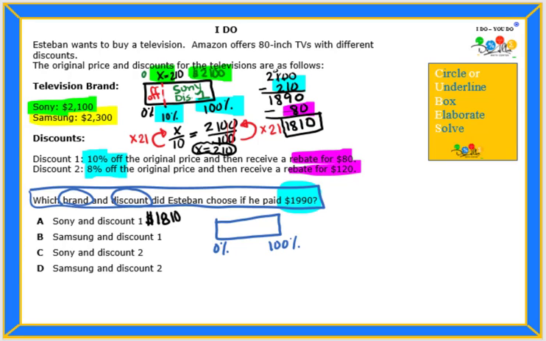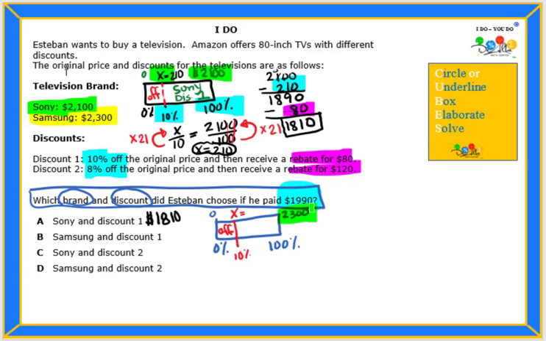For the Samsung, we had $2,300 as our original price. And we are going to get that same 10% discount off. We want to mark that because that's going to be our discount, and we want to know how much money we will save.